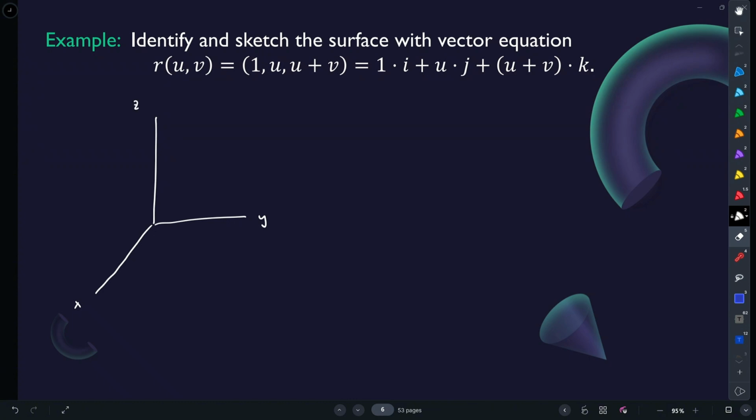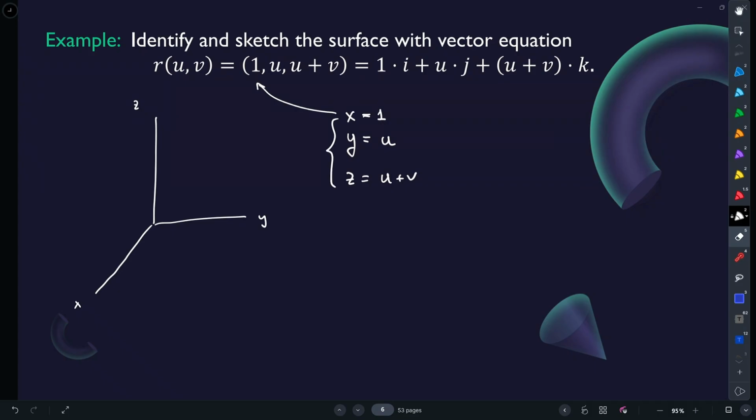The characteristic here is that x is always 1. So this tells me that x is fixed equal to 1. y is given by a parameter u, and z is given by u plus v. So both parameters come into play with z.